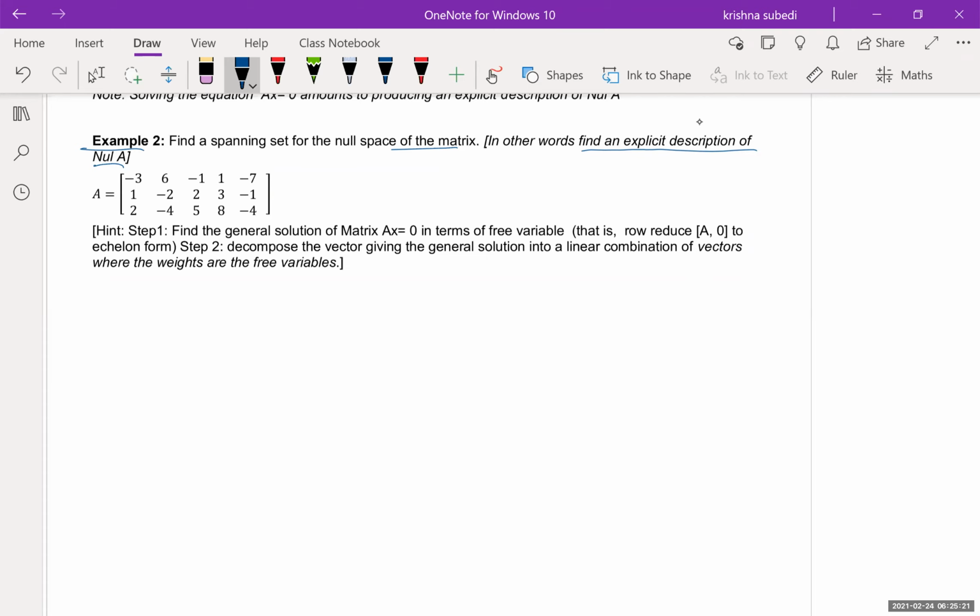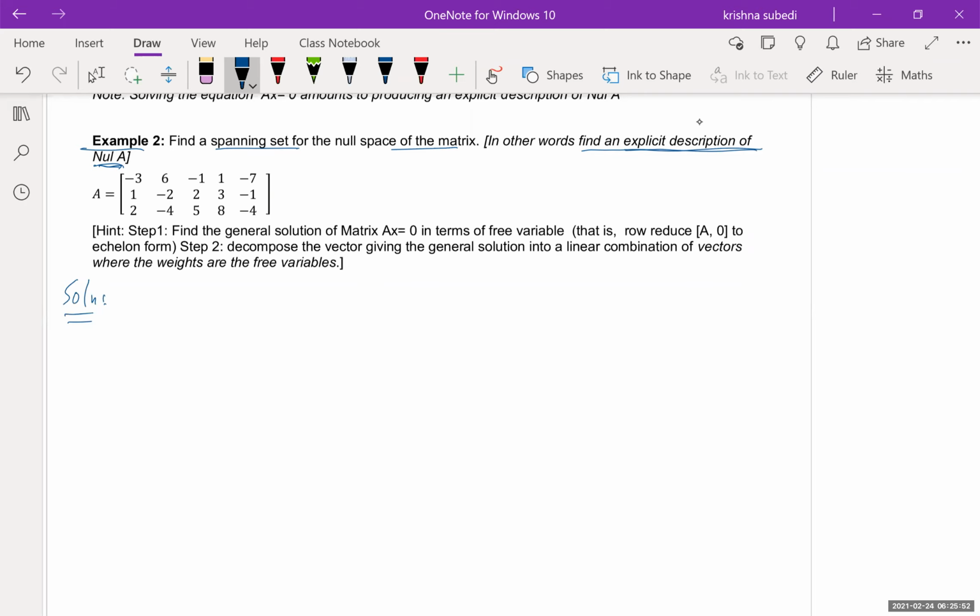Now, in this example, we need to find a spanning set, or you can say that we need to find the explicit description of the null space of A. Now, what does that mean? How do we do that? Well, remember, by definition, null space means Ax equal to 0, right?